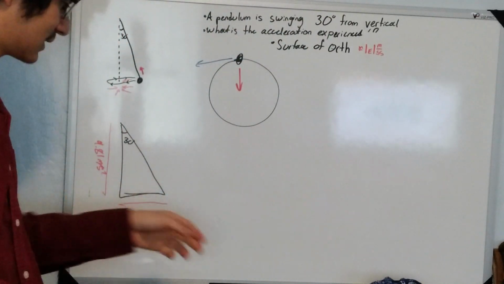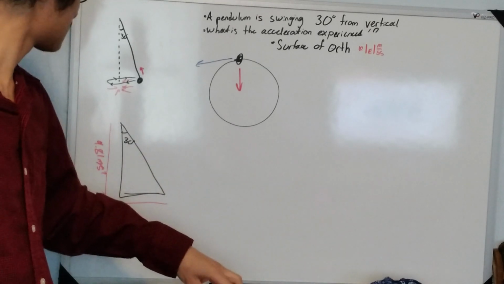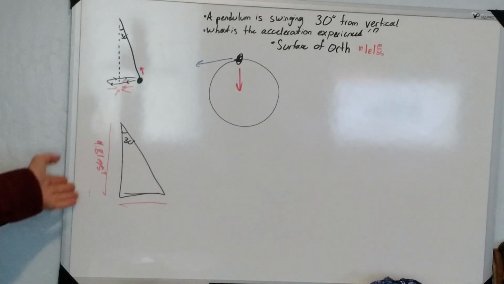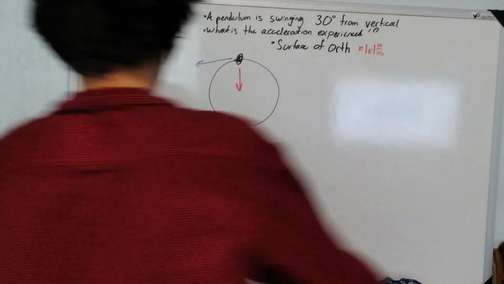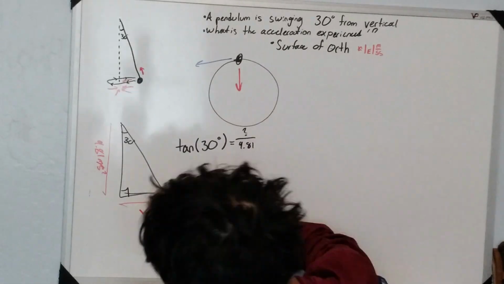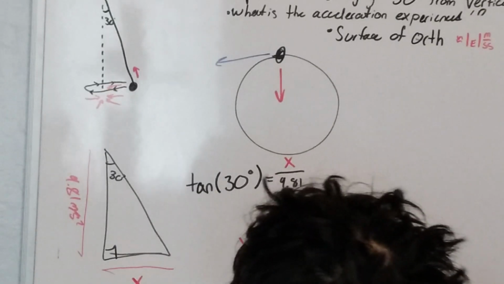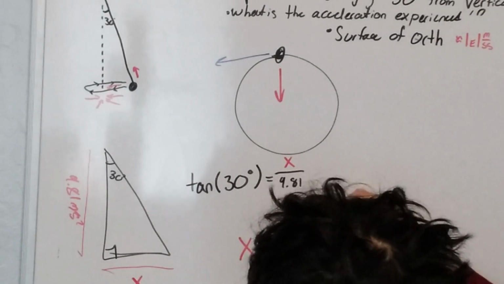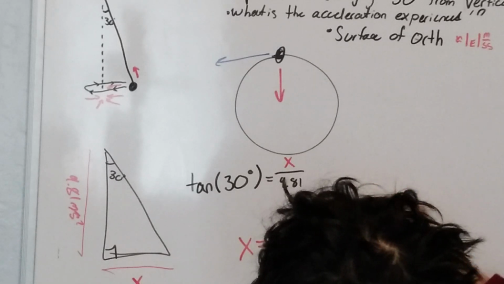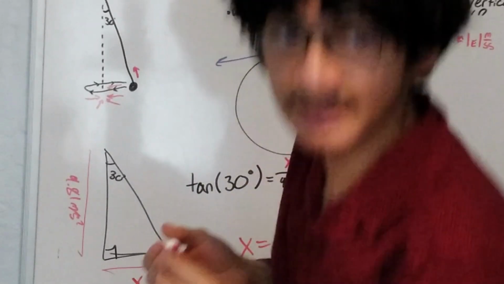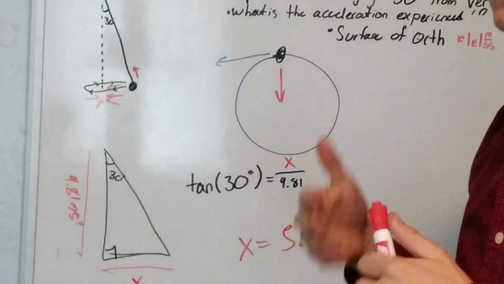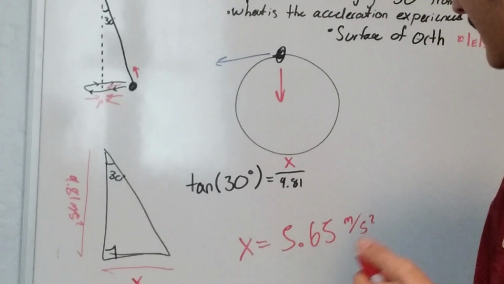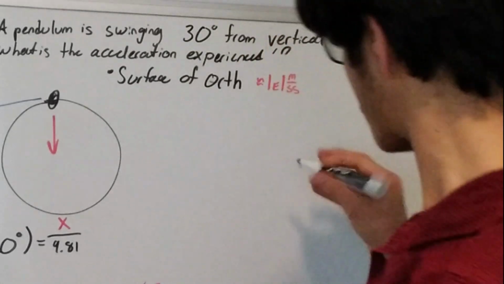So for this one, we don't use the a equals v squared over r formula. Let's just use tangent. And I love to follow units. The cool thing about trigonometry is that it's technically unitless. Imagine just a normal triangle.